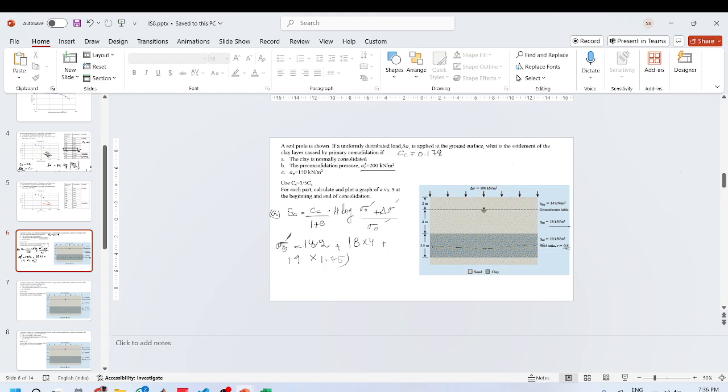The deformation will be when all of the stress is being carried by your soil skeleton. That is when you have to calculate the effective stress. 14 into 2 plus, so you have to subtract 10 into 5.75.